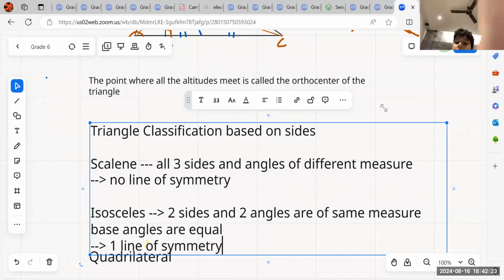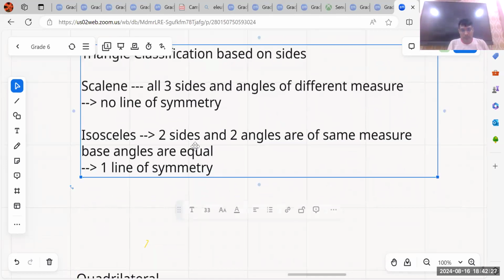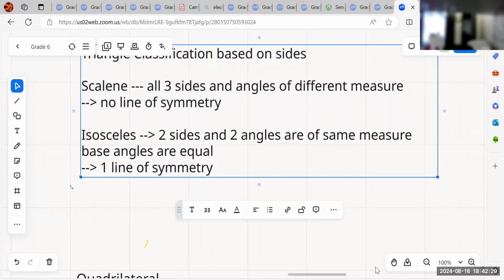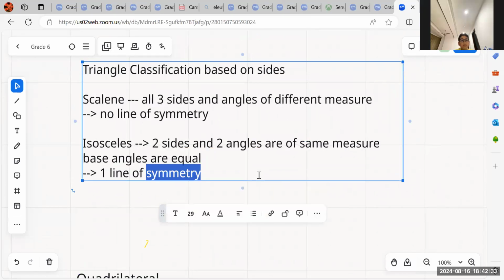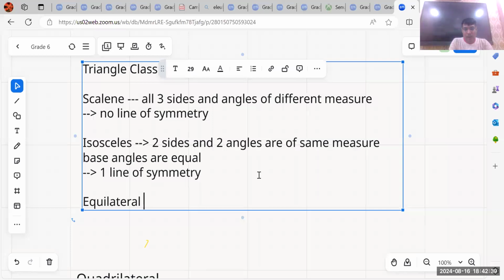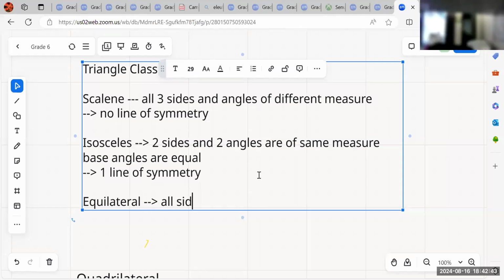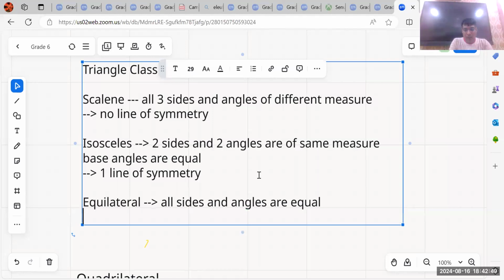If anyone wants me to draw, I will draw a rough diagram of all. The equilateral has 3 lines of symmetry. Equilateral will have all sides and angles equal.